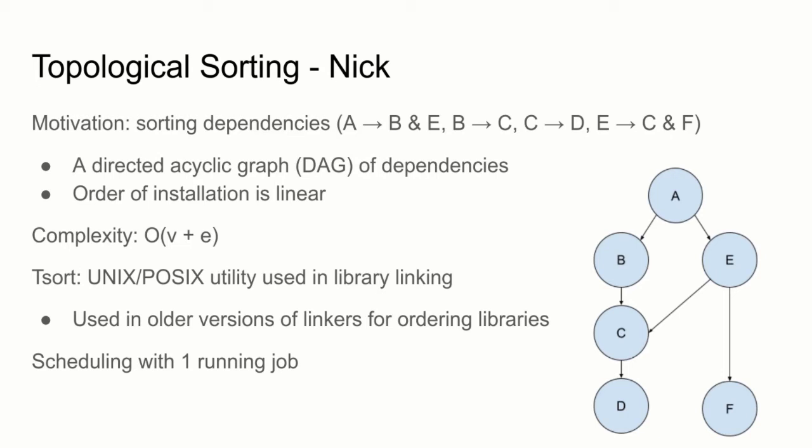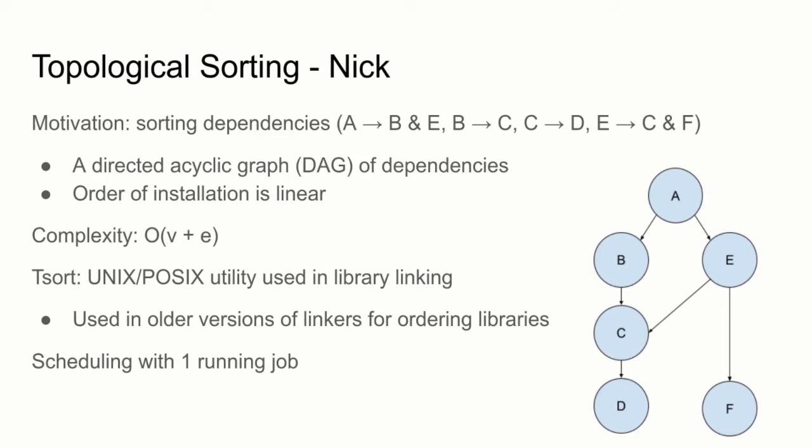That is, it must install item A, then item B, and then item C. What topological sort allows computers to do is take this graph of dependencies and effectively linearize it, so that this graph will be built bottom up in the correct order.